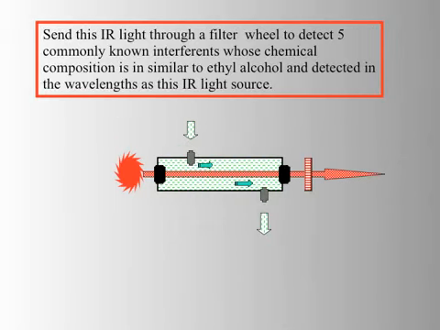Because we know a baseline measurement for a sample without alcohol and then one with, the machine can do some simple math.